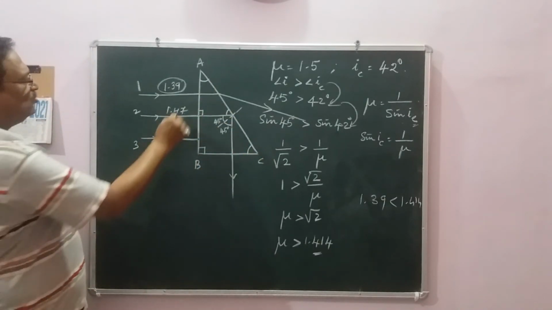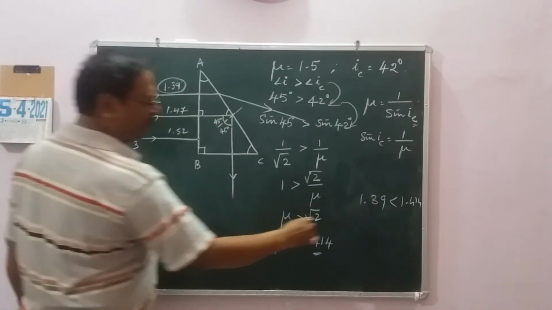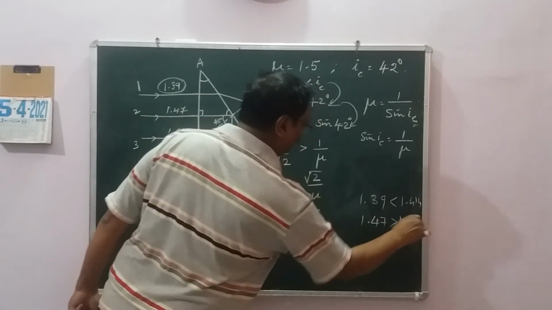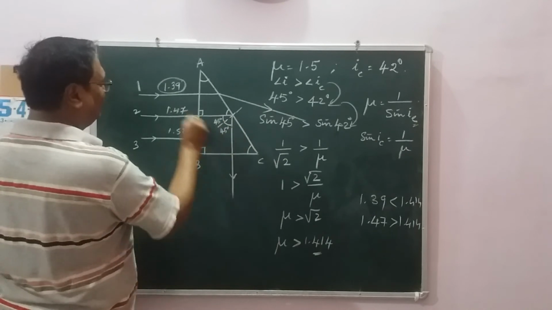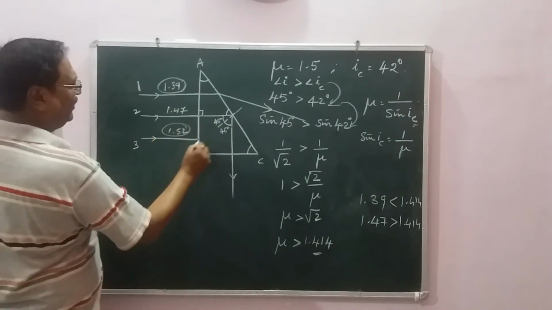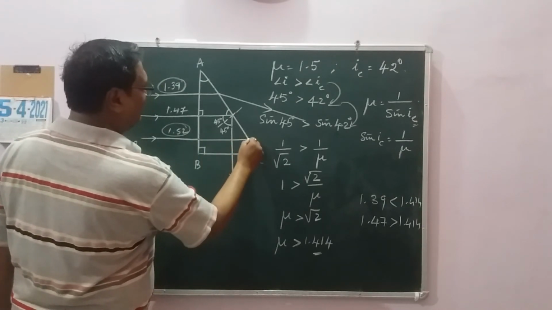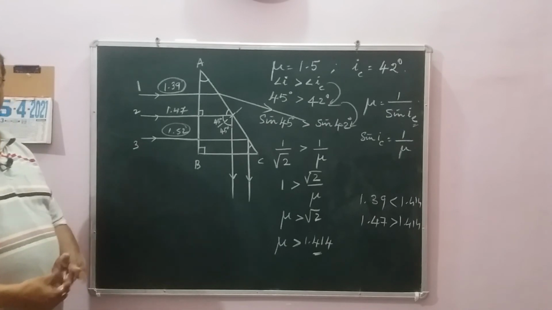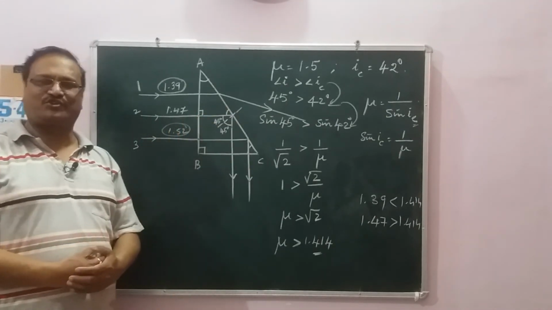Next is 1.47. 1.47 is greater than 1.414, so naturally it will undergo total internal reflection. And next is 1.52, another color. That color also will have total internal reflection. So this is what the whole system is about.